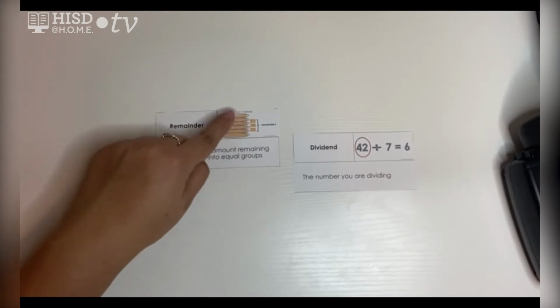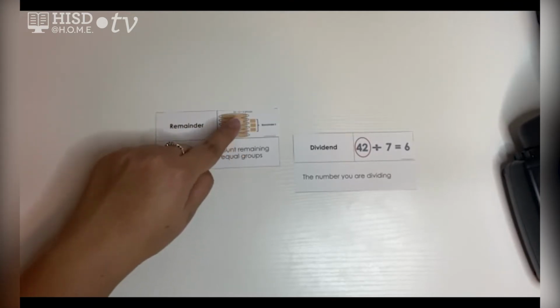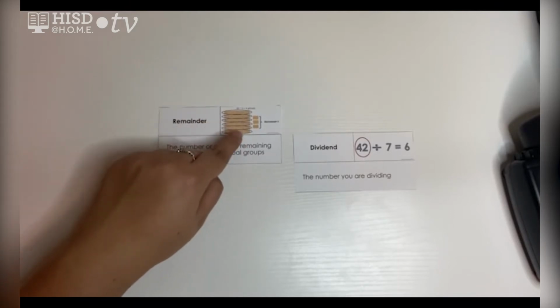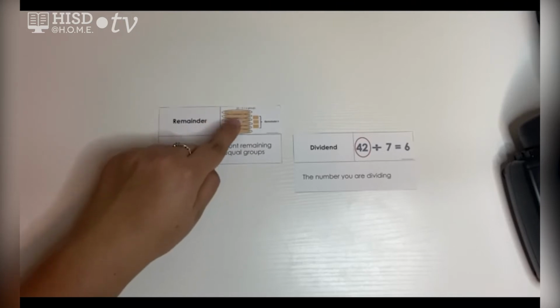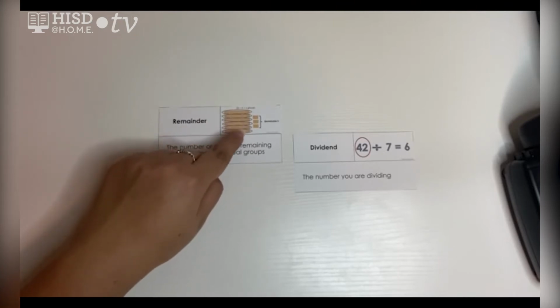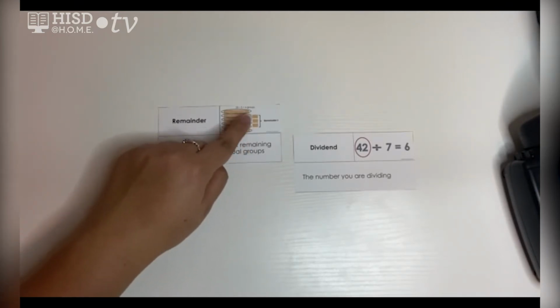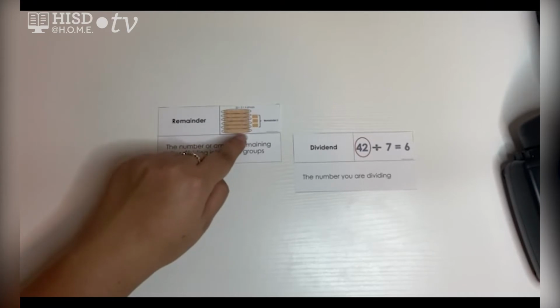So if we cannot separate these items into equal groups, then those are called the remainders. So for example, in this problem here, everything seems to be even, every single thing seems to have a group, and all the groups are equal, but we have 3 remaining. We cannot separate these 3 blocks into these 6 groups. So 3 would be our remainder.